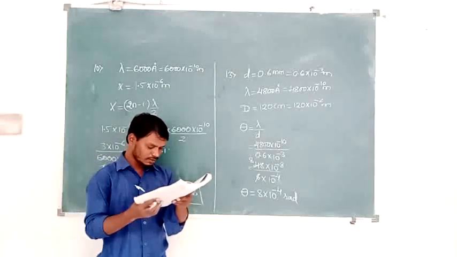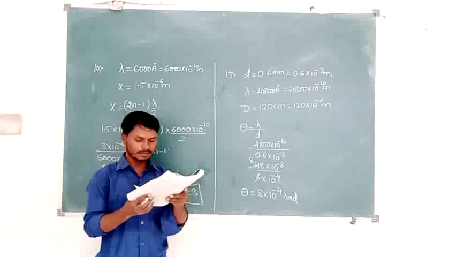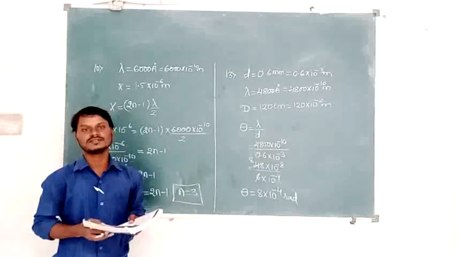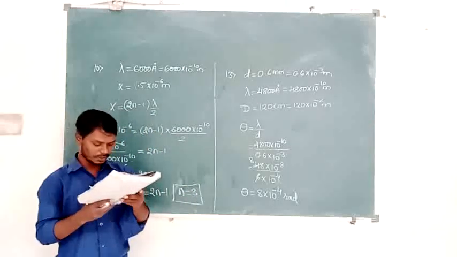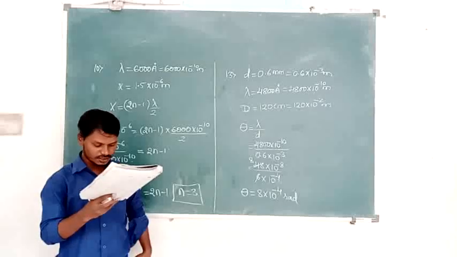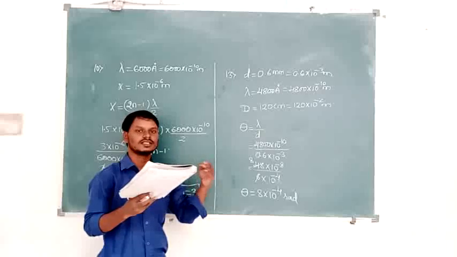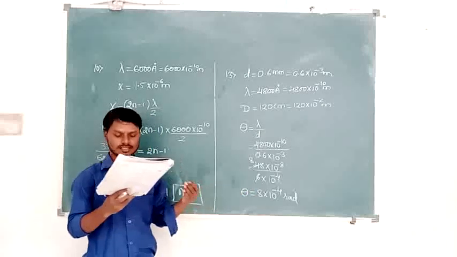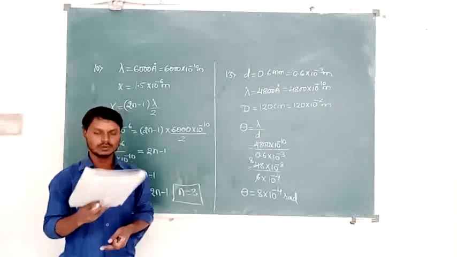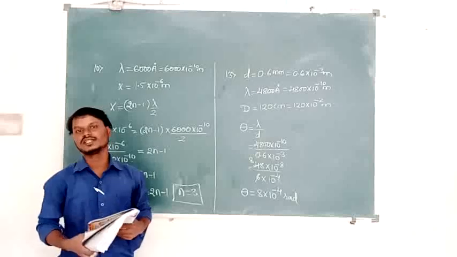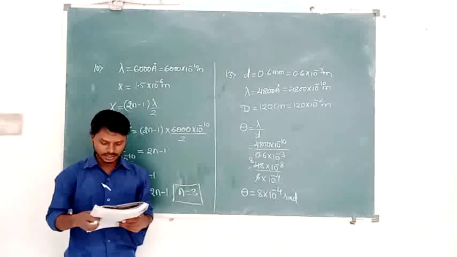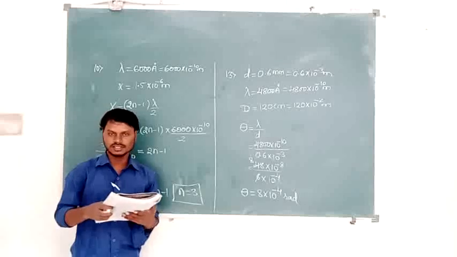The slits are 1.20 millimeter apart, means slit width is 1.20 millimeter. And the screen is 5.40 meter away from the slits, means the distance of the screen from the slits is given, that is 5.4 meter. What is the fringe width? Use the direct formula: beta is equal to lambda into capital D divided by small d. I hope you will solve this one.